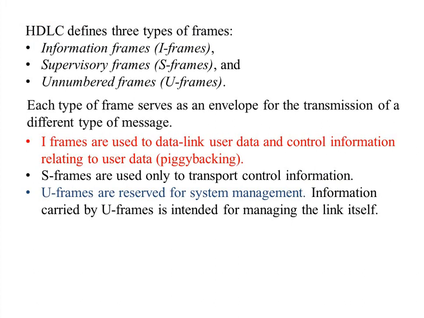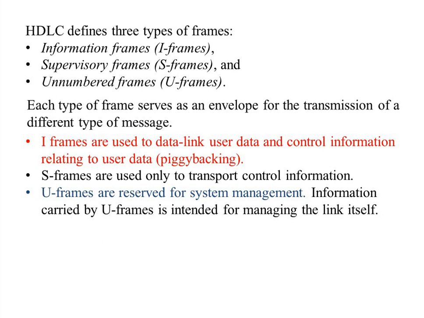SDLC defines three types of frames. SDLC is a protocol, so it has a certain format, and from that format we can identify that there are three types of frames. The first frame is called the I frame, which is the information frame.